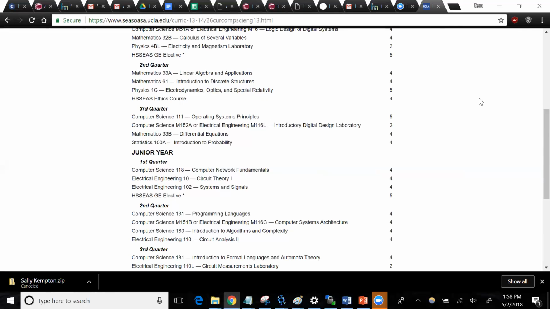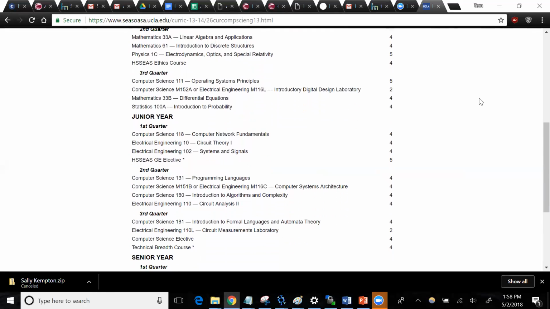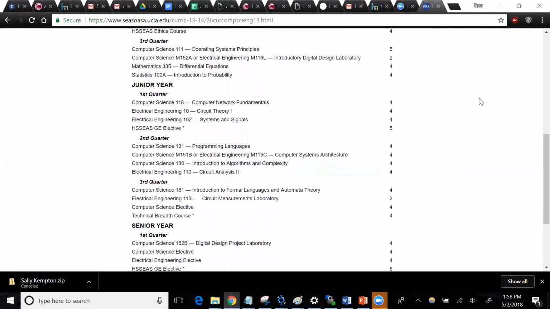More like operating systems, digital design. Because you're working with hardware, computer engineers are going to have to do digital design. And then network fundamentals, which you probably won't get in an electrical engineering program. Circuit theory, done.